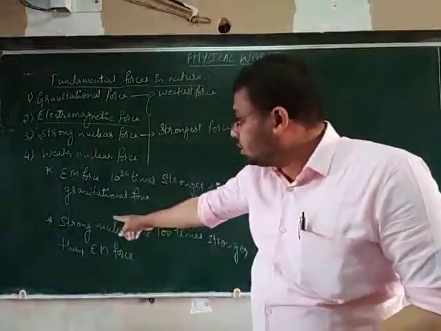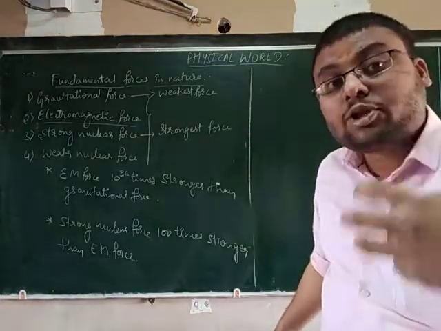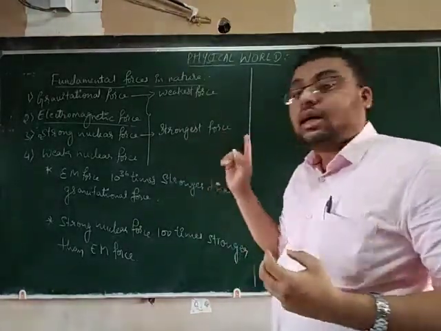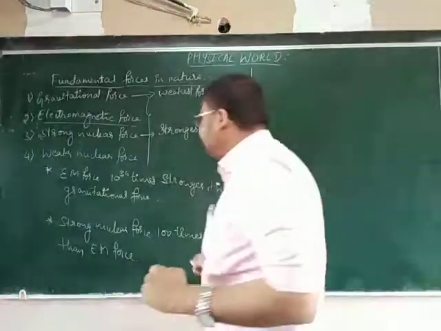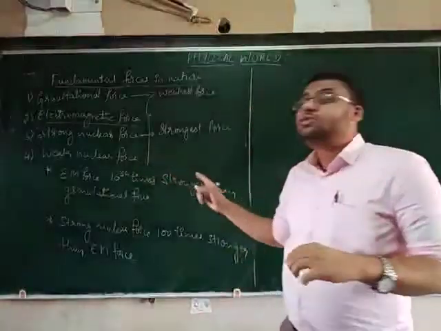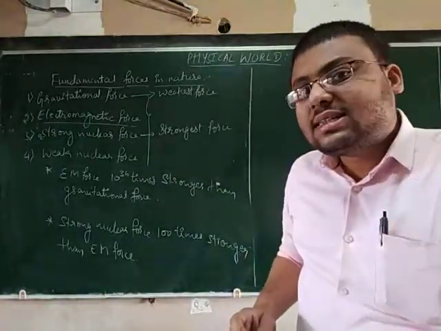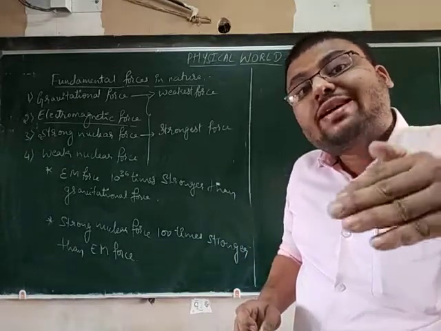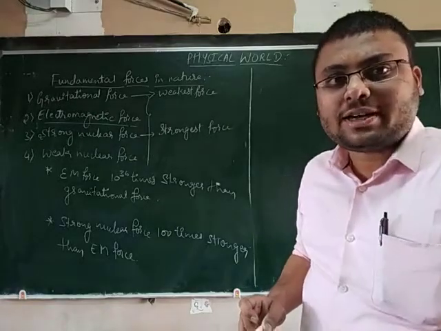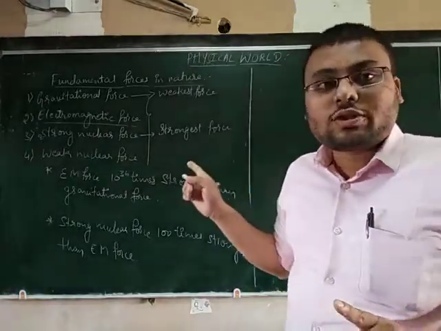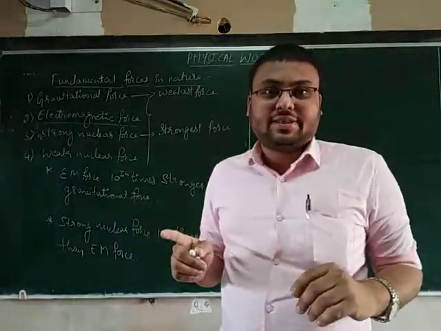But the strong nuclear force is 100 times stronger than the electromagnetic force. You can imagine. Okay? Right. Next is weak nuclear force. Weak nuclear force is stronger than gravitational force but weaker than electromagnetic force. Okay? Are you getting this point?